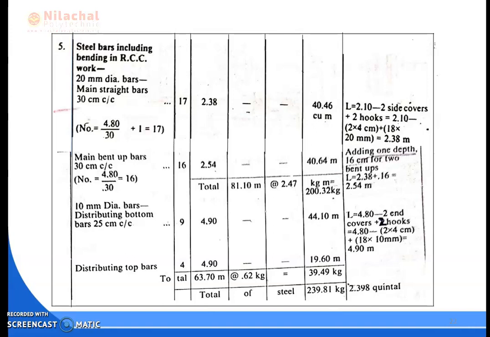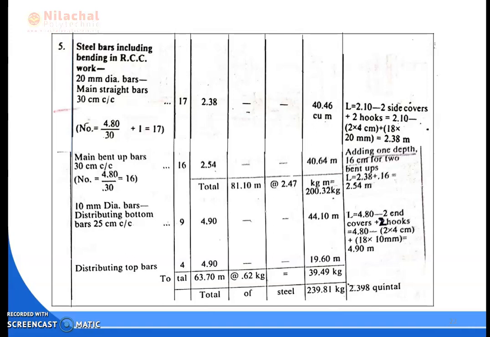The main bar lies in the RCC slab in the short span. It means the bar lies in the RCC slab breadthwise. In case of the distribution bar, it lies in the RCC slab lengthwise, or we can write here long. This lies lengthwise.